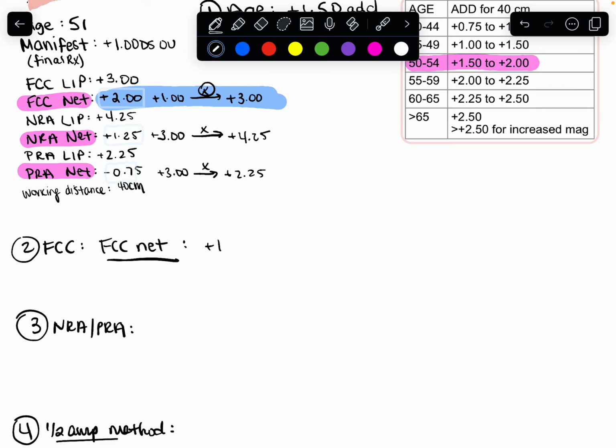So we take the manifest, or the final Rx, and we decide how much we need to move in order to get to the FCC lens in place that we were given. So that X is going to be an addition of +2. So this is their FCC add.